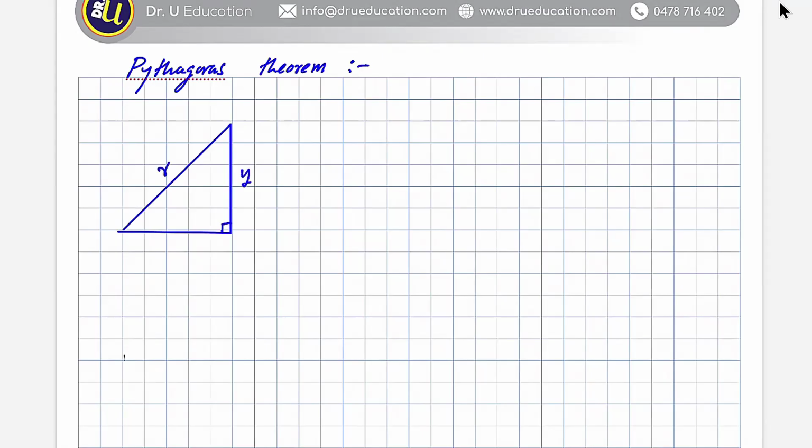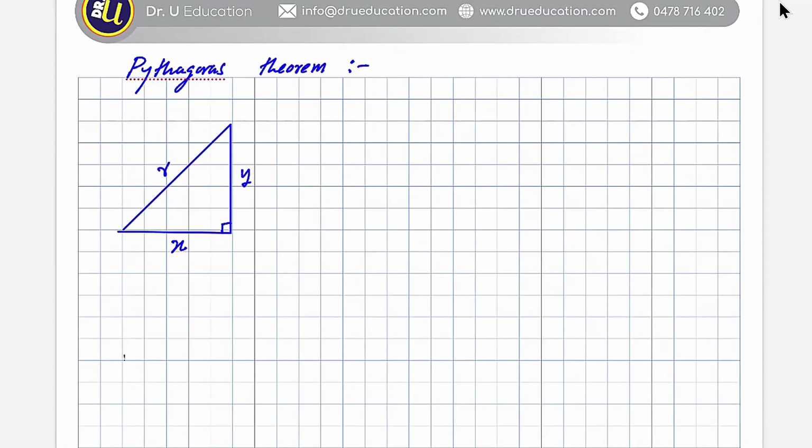How we can relate Pythagoras theorem with this. Pythagoras theorem. So let me draw this one in two different ways. So initially we had r here, y here, x here.